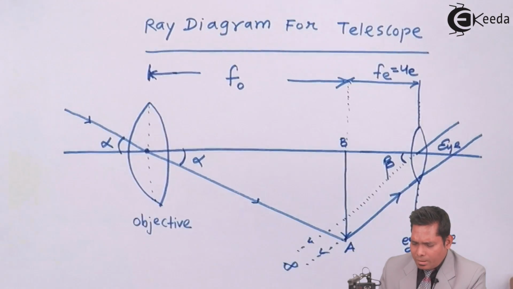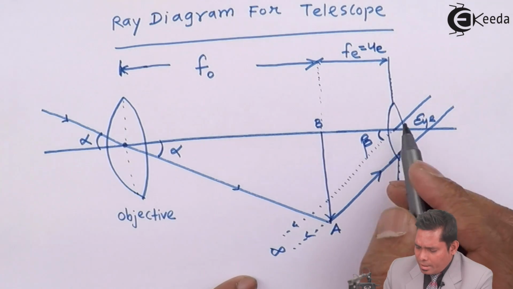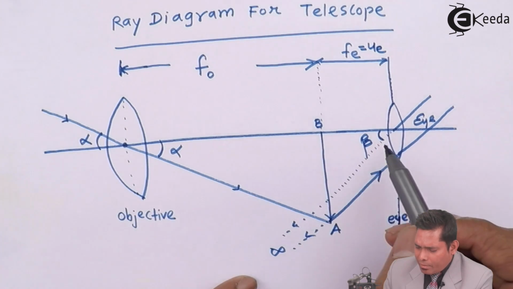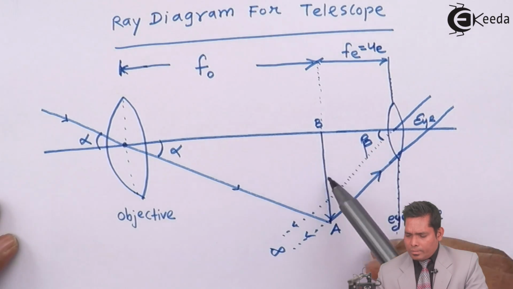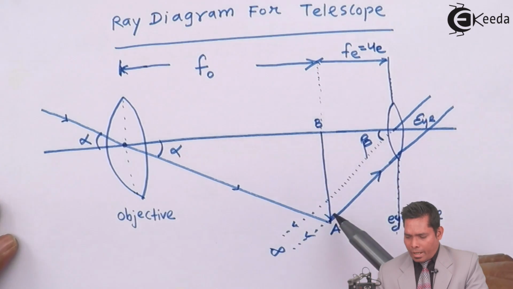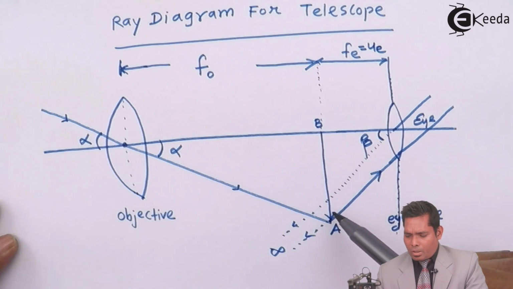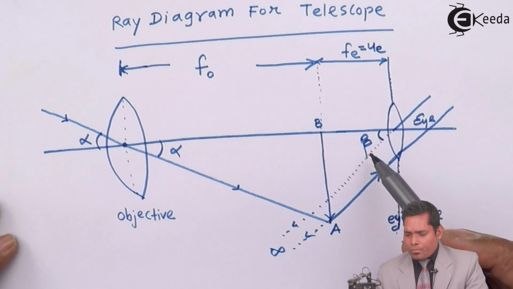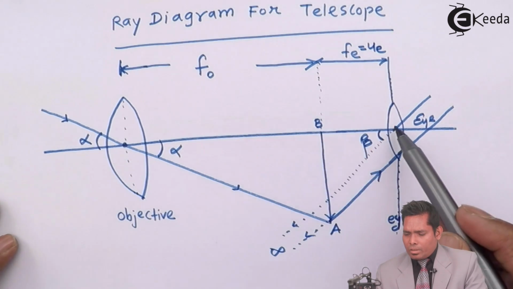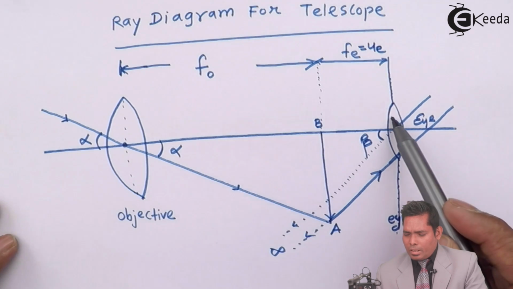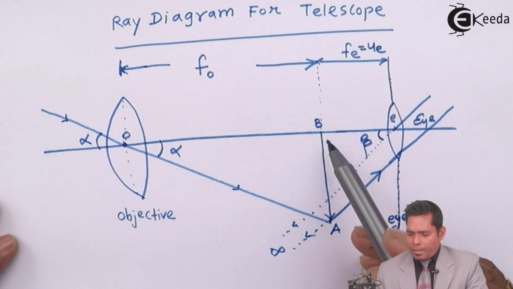And what is this beta? This beta is tan beta, I can write, and in this triangle, or in this triangle, because I will consider very close to each other, the diagram is not properly drawn, so this tan beta is this side by this side, so if this point is E, this point is O, then BE divided by AB.